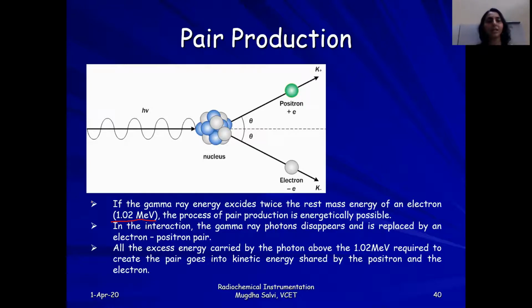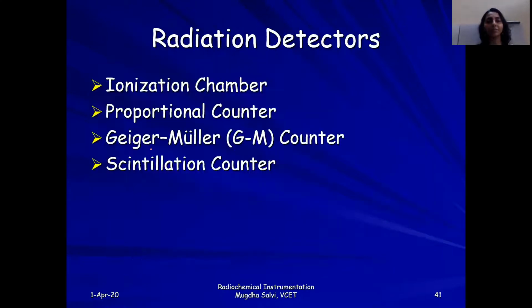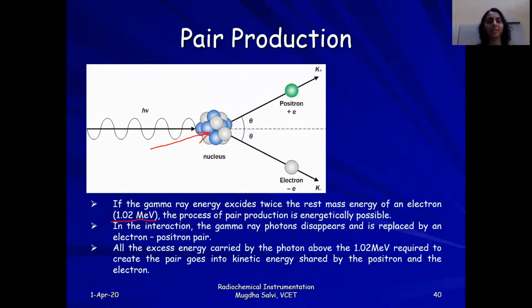In the interaction, the gamma radiation that is striking the nucleus will disappear and it will produce a positron and an electron. All the excess energy carried by the photon above 1.02 mega electron volts required to create the pair goes into kinetic energy shared by the positron as well as the electron.